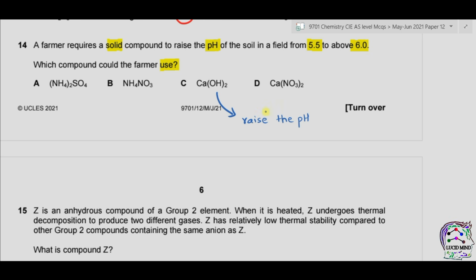As this is basic in nature, it can neutralize the acid present in the soil and pH will increase. Last one is calcium nitrate. Again, this is a salt. It can only increase the concentration of nitrate ions. As no other can increase the pH, only calcium hydroxide is the correct answer.